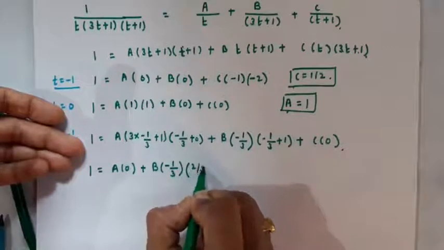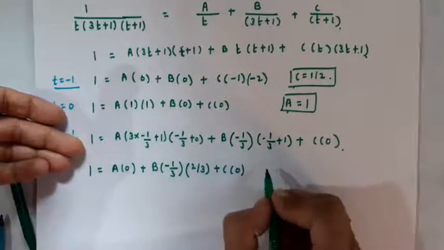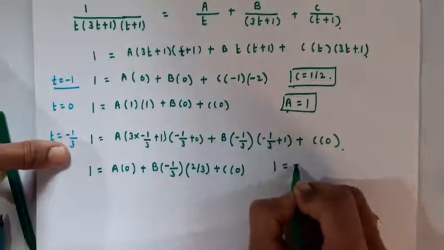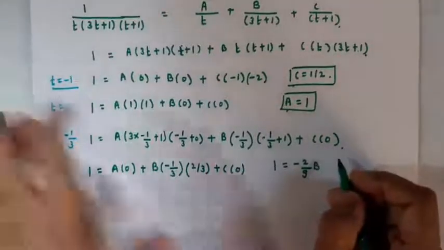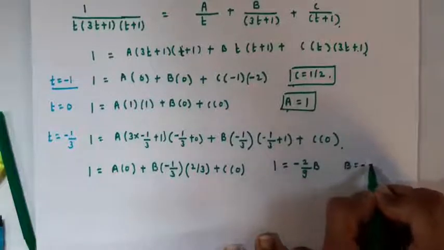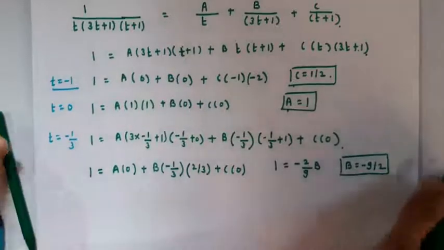So 1 equals minus 2 by 9 into b, and therefore the value of b equals minus 9 by 2.